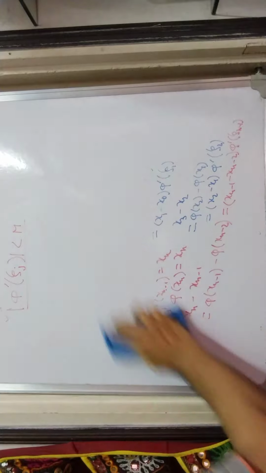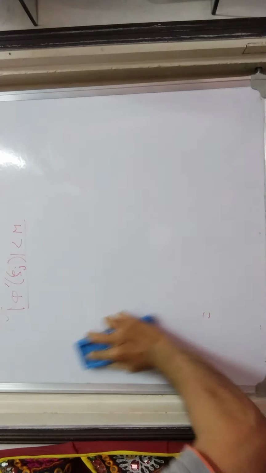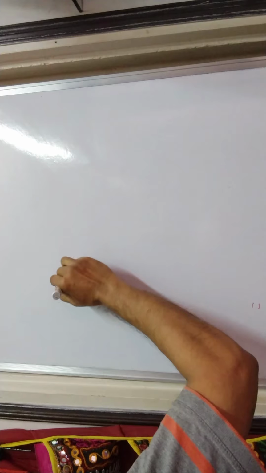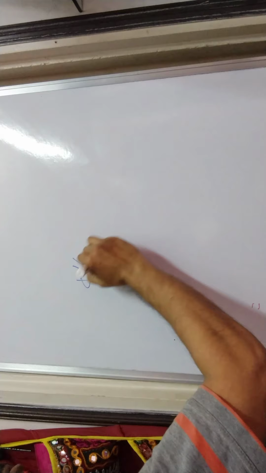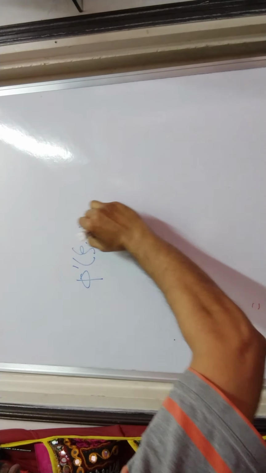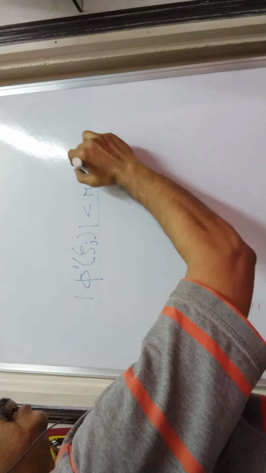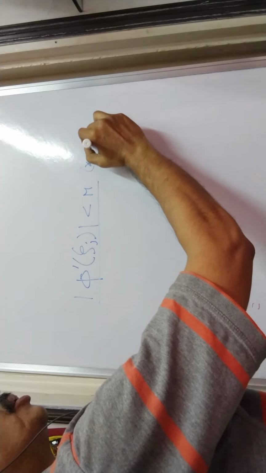We just remember that we have assumed this to be true. We have assumed that |phi prime zeta j| is less than m throughout the interval x0 to xn.